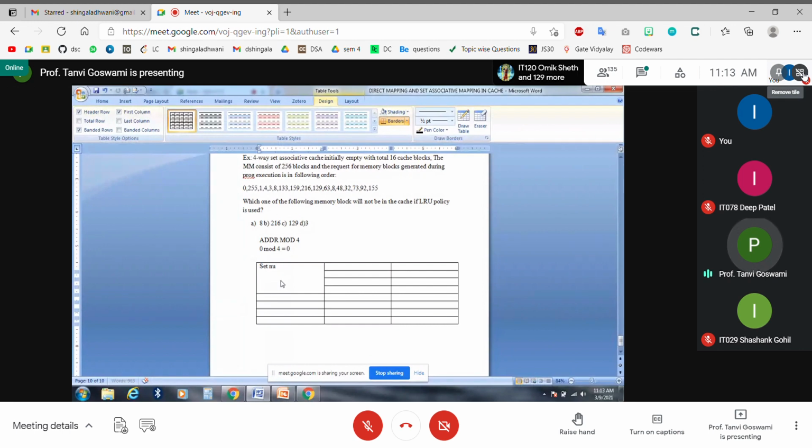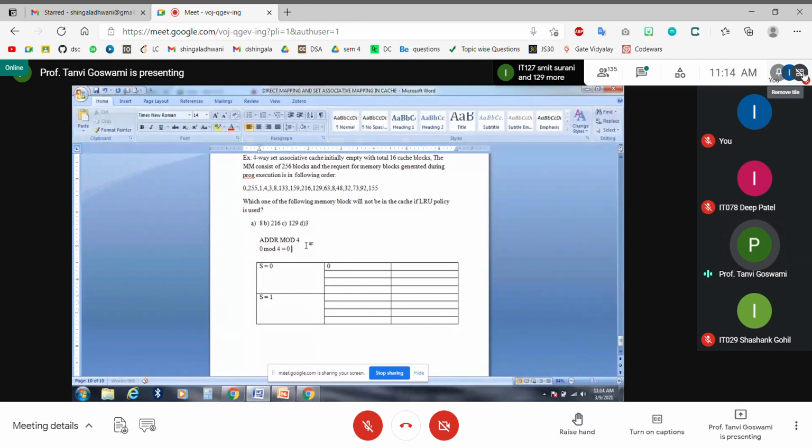So this is my set S1: 4 blocks for S1, 4 blocks for S2, similarly 4 blocks for S3 and so on. Let us say this is set 0, that will be more clear, and this is set number 1. So 0 mod 4 is 0, so the 0th block will be placed here.